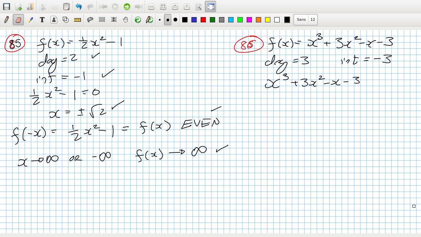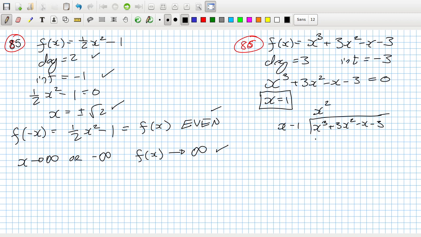Well, I can spot x equals 1. So that's one of the zeros, or the roots as I call them. So we long divide to get the others. I know 1 works because if I sub 1 in, I do get 0. So 1 definitely is a solution.